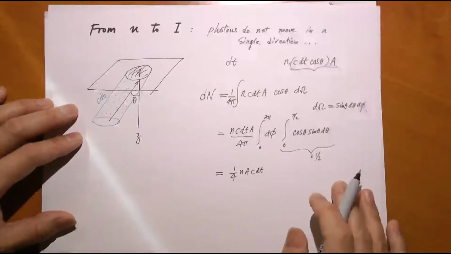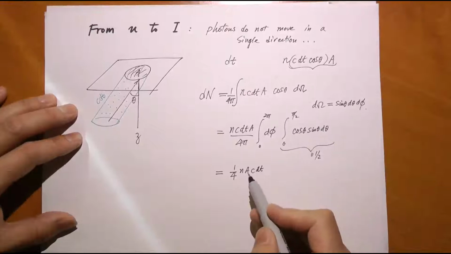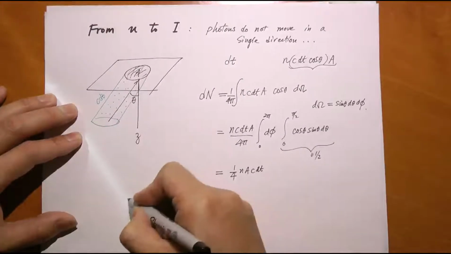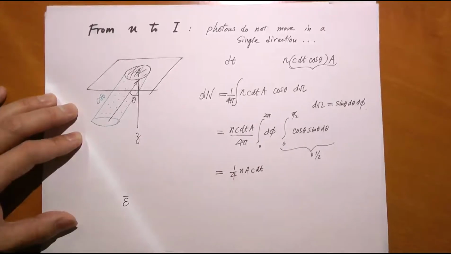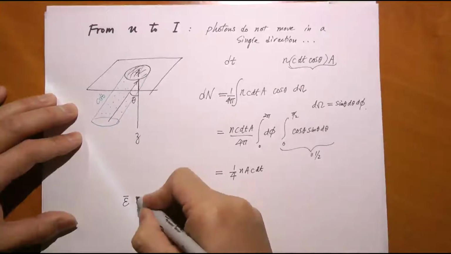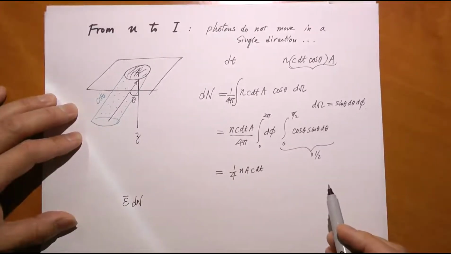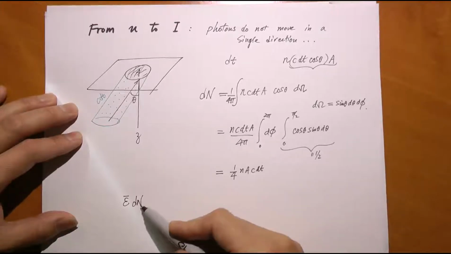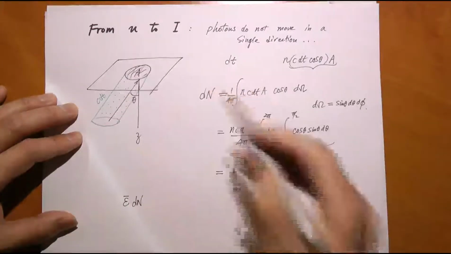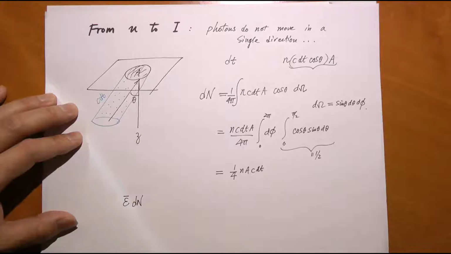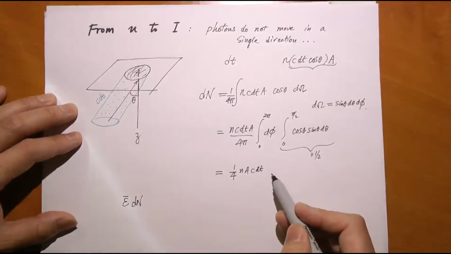Now, if I know the average energy of these photons, which I call epsilon bar, multiplied by dn, what is that? That is the energy of all these photons, of this many photons, passing through this cross-section area over a time interval of dt.